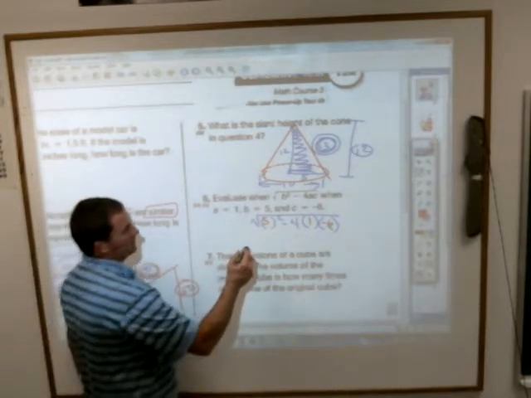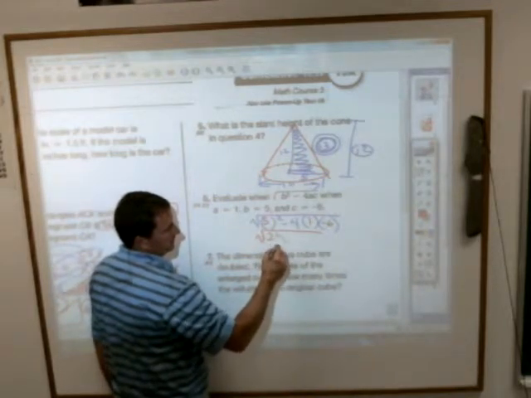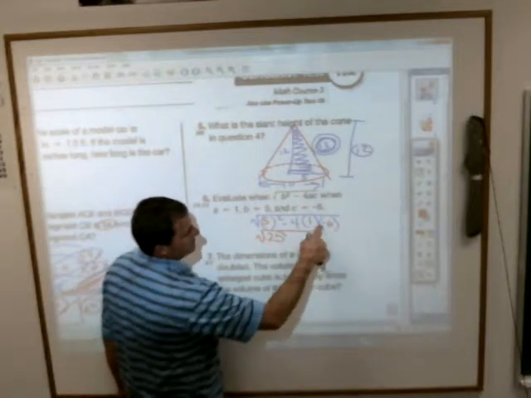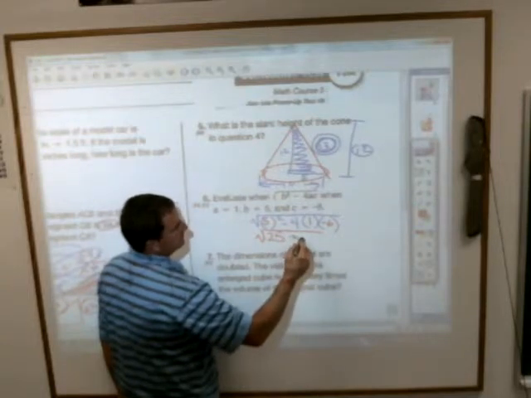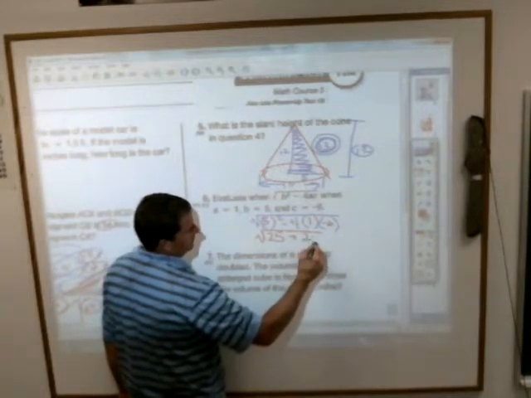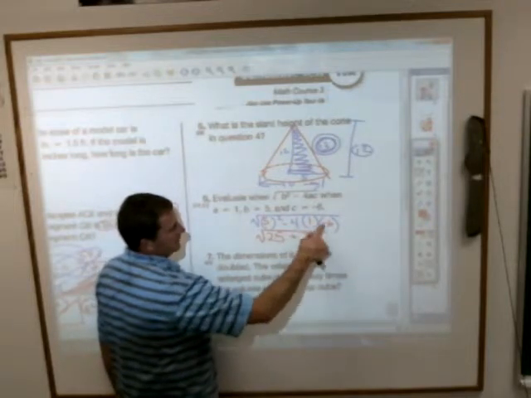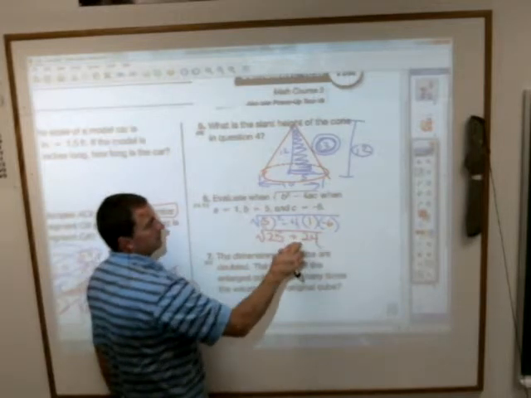Alright. So Jackson, now we have what is 5 squared? 25. What is a negative 4 times a negative 6 times a 1? Positive 24. Minus a negative 24 is plus 24. Two negatives multiplied together, you can do positive.